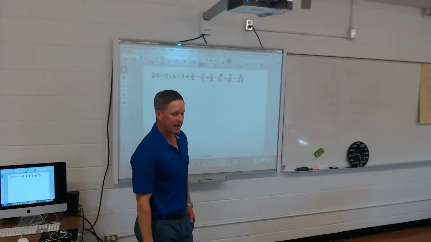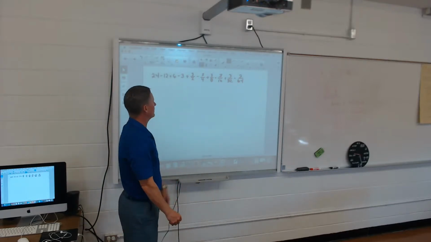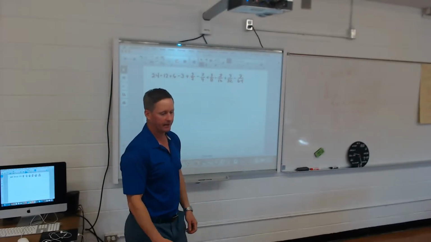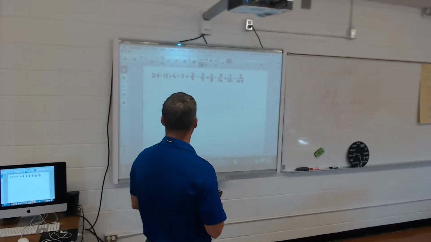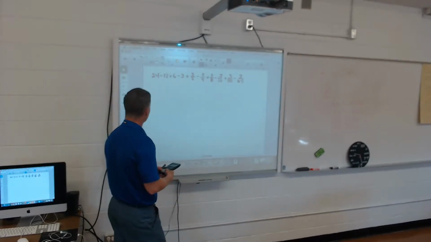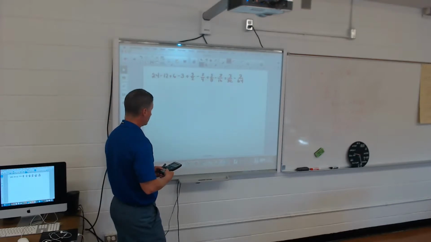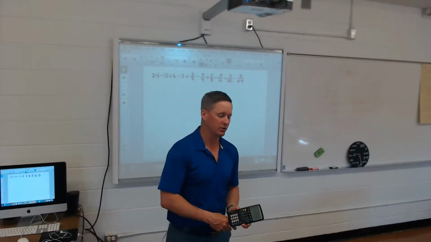I'm sorry they're so small, but I wanted to write them in. Then I could just put that into my calculator as well. So I go 24 minus 12 plus 6, subtract 3, plus 3 divided by 2, subtract 3 divided by 4, plus 3 divided by 8, minus 3 divided by 16, plus 3 divided by 32, subtract 3 divided by 64, and I end up with the exact same solution.